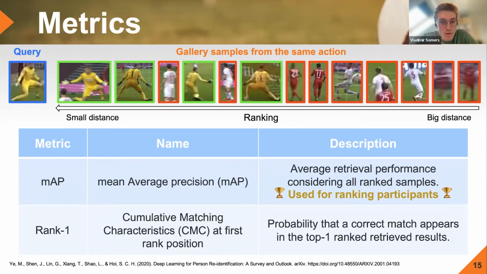If you want to learn more about these 2 metrics, please have a look at the link I put here below. And this is the paper about a survey and outlook about person re-identification that I already mentioned previously.